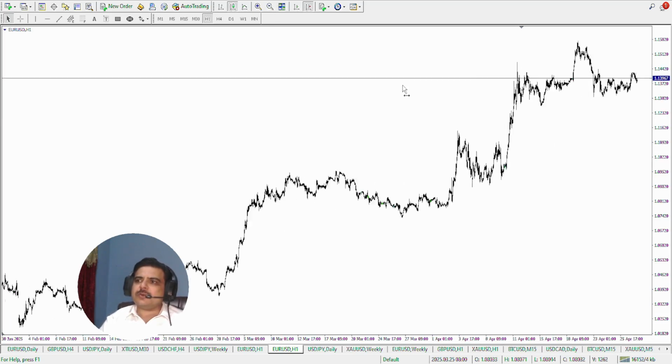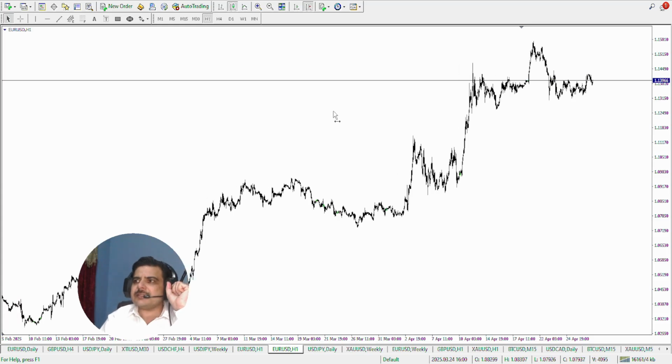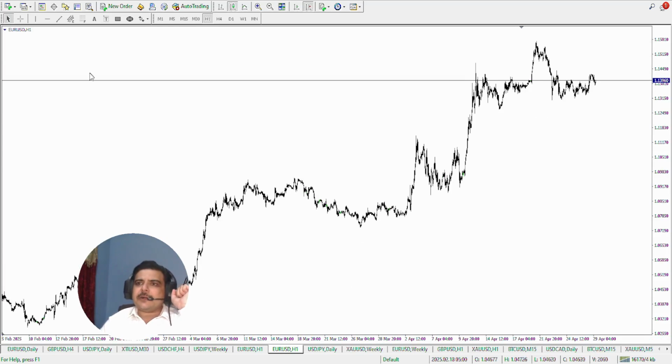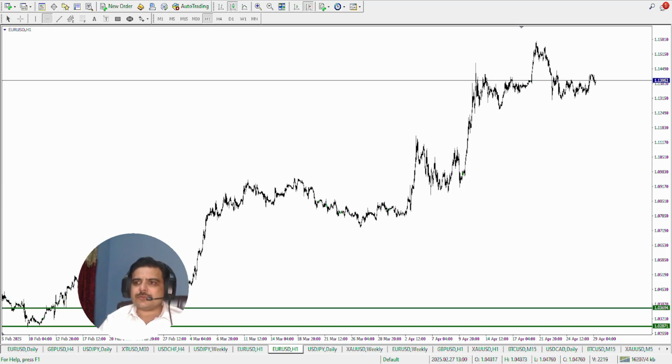First of all, what I recommend to everyone is to move your chart like this. Now whenever a new beginner trader opens a chart and tries to identify the support and resistance levels, one can say okay, this is my support, this is my support, because these are the peaks.